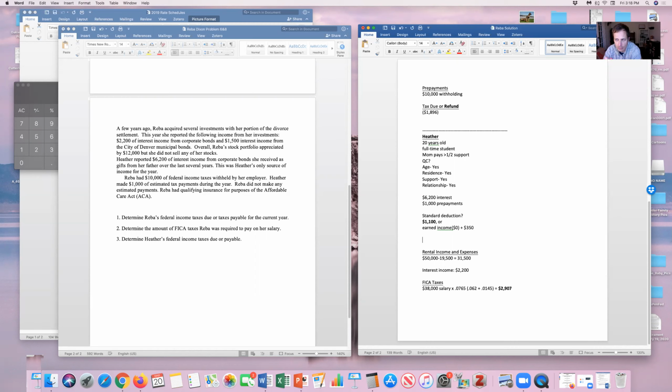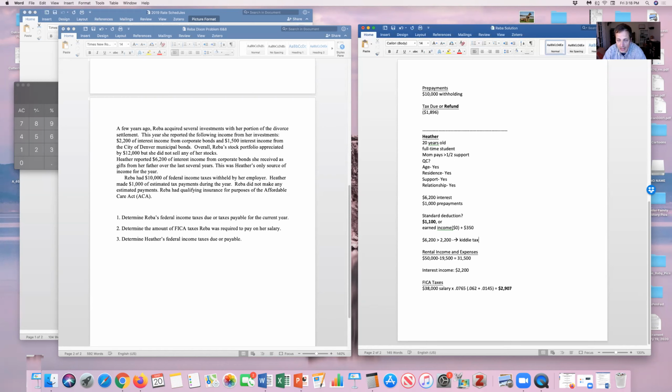I would expect you to look at this and say, Heather is 20 years old, she's a dependent, and she has investment income, and this income of $6,200 is greater than $2,200. That means she might be subject to the kiddie tax, and Heather would be subject to the kiddie tax.